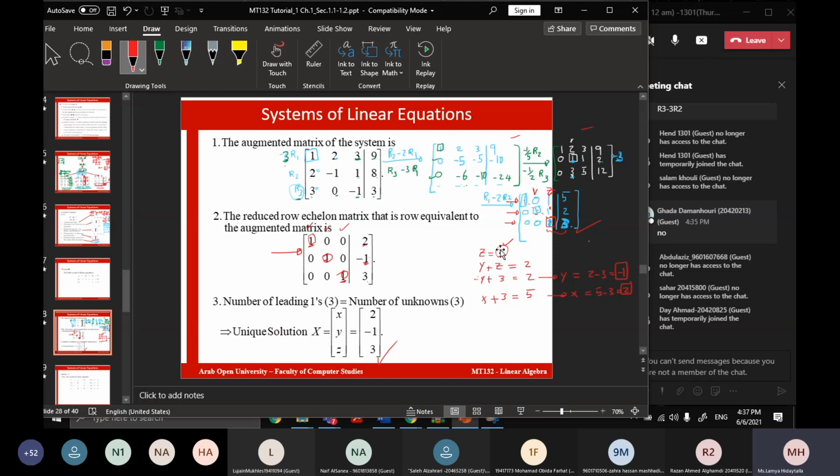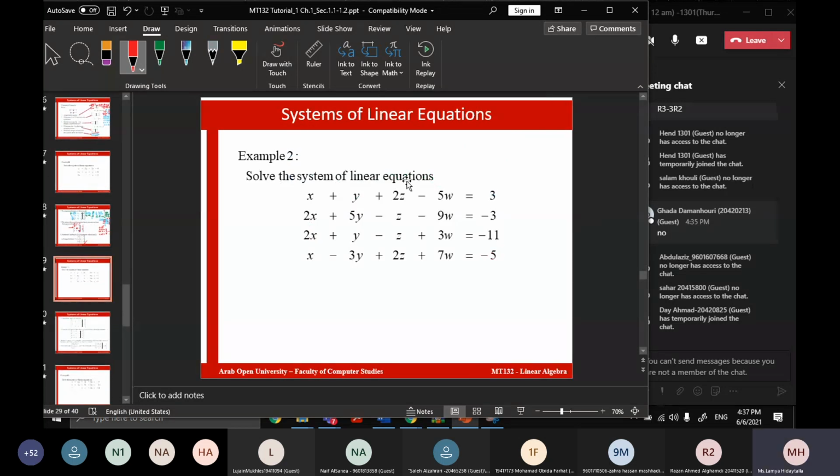You have the value of z. And you have the value of y. So if there is a number here, you have this value and this value. It remains only to calculate the x. Clear? So we can reduce to the echelon form or upper triangular form or lower triangular form.